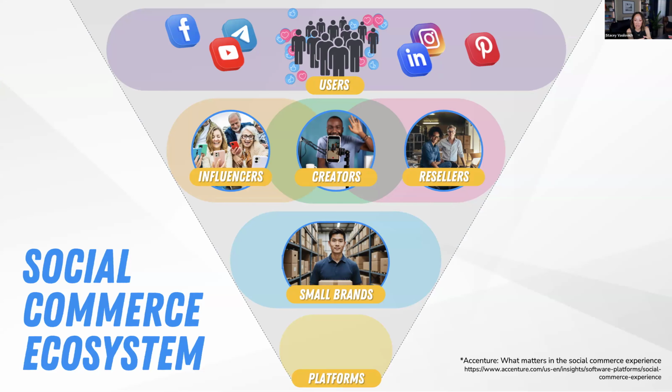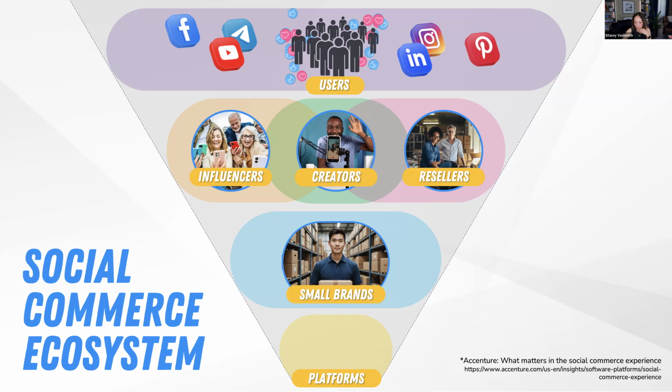Accenture also did a visual diagram that comes directly from them. What is a social commerce ecosystem, who are the users, and what are the components of this ecosystem? What they've described is users on a social media platform, TikTok, Instagram, LinkedIn, Facebook, any one of those, who are connected to small brands through influencers, creators, and resellers.